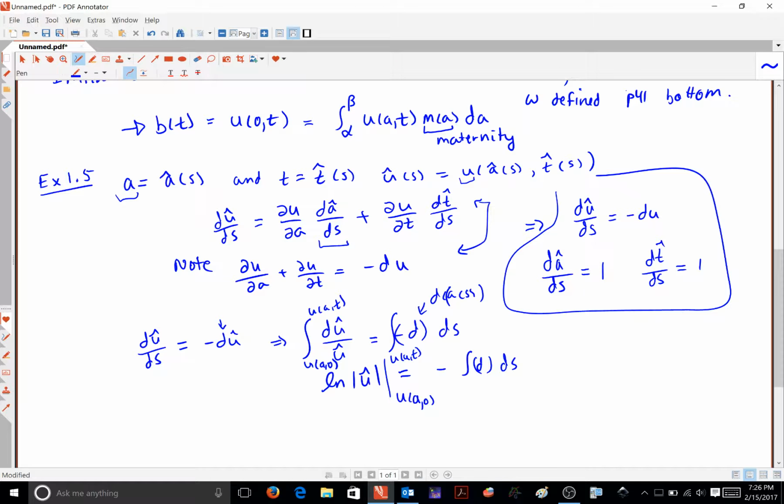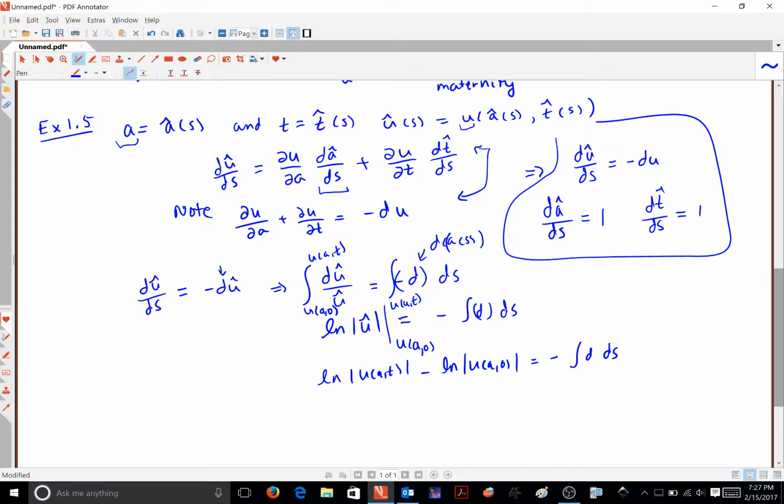I keep forgetting about the initial conditions. So when you plug that in, you're going to have your natural log u of at minus the natural log u of a0 equals minus the integral of d ds.